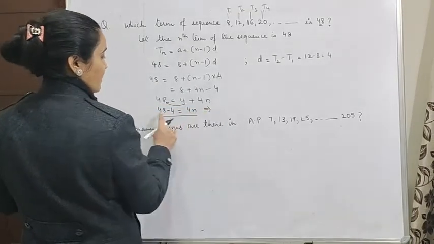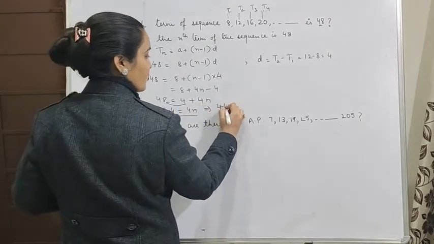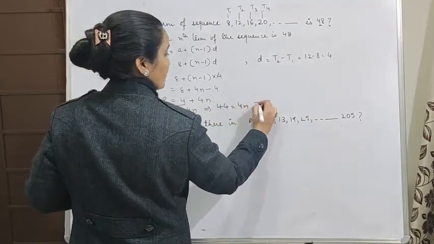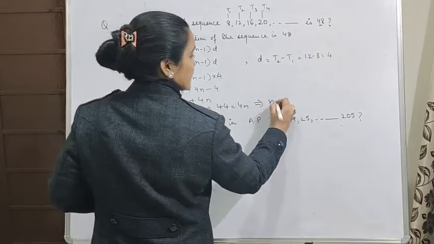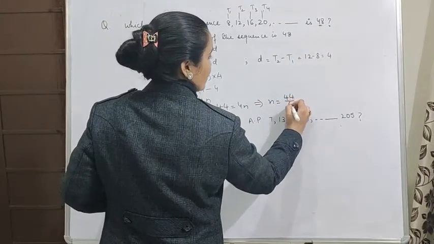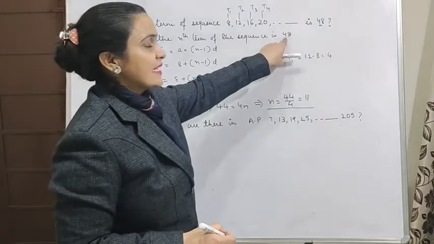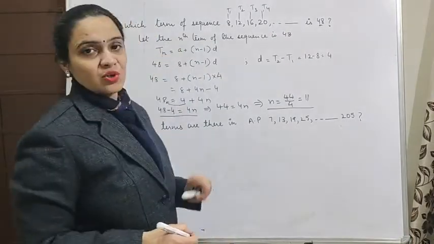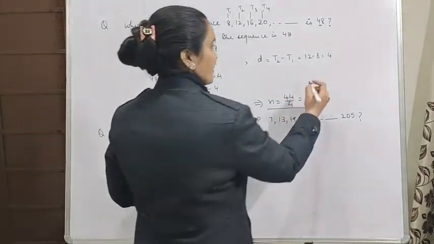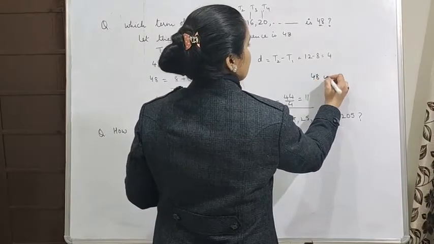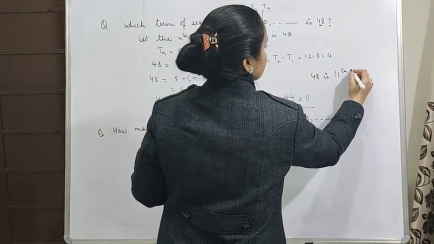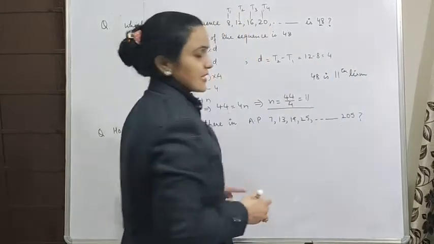This implies 44 is equal to 4n, which implies n is equal to 44 upon 4, which is 11. So 48 is the 11th term of this sequence. We will write 48 as the 11th term of the sequence.